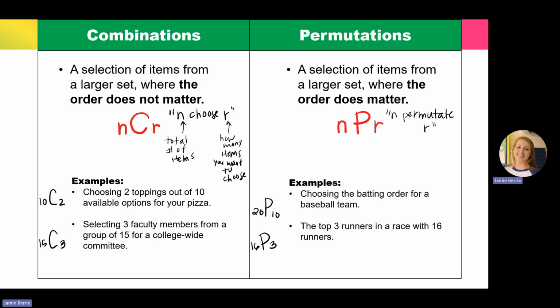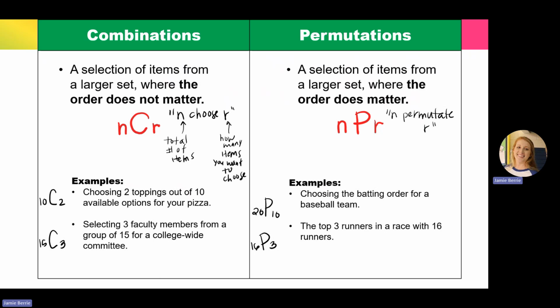So you would say, okay, well, I can figure out how many options there are for the top 3 by calculating 16 permute 3. So that would tell me the total number of options that were possible for the top 3.